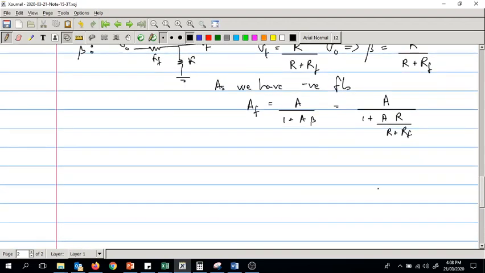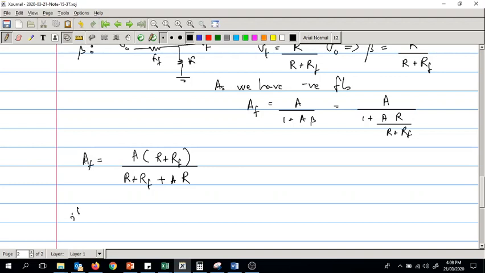So if we simplify this, AF is equal to A over R plus RF divided by R plus RF plus AR, right? So that's our feedback gain. This is what we have already derived.